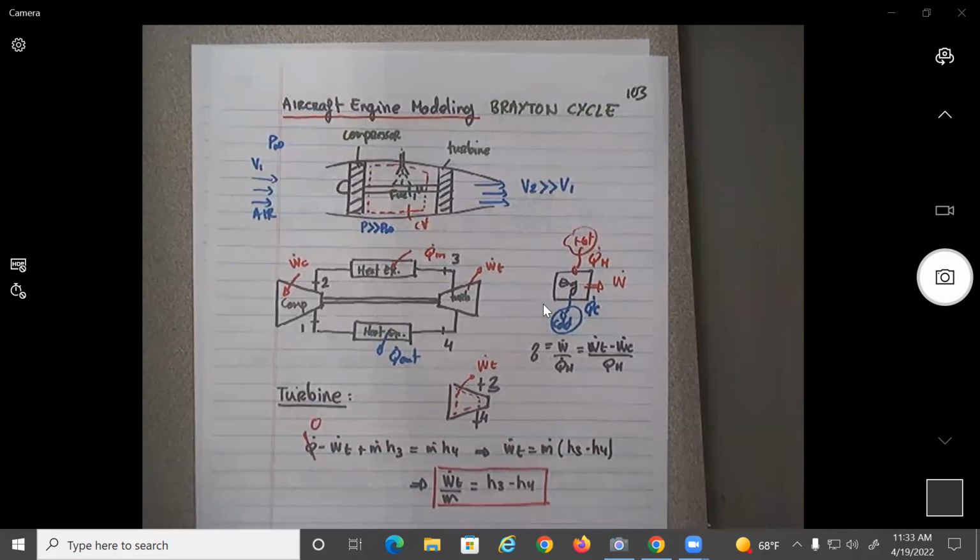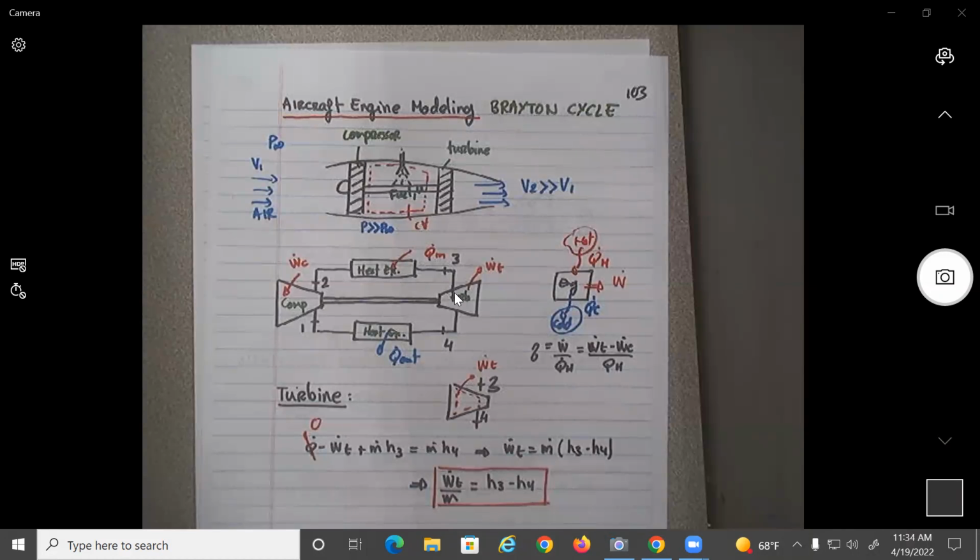So basically, what we need to find here is the efficiency, and you know the efficiency is always the amount of work produced by the engine, here the work of the turbine, divided by the amount of heat that you put in, which will be Q in or Q hot. One thing I need to mention is that the turbine is going to create work, but the compressor needs work or power to operate.